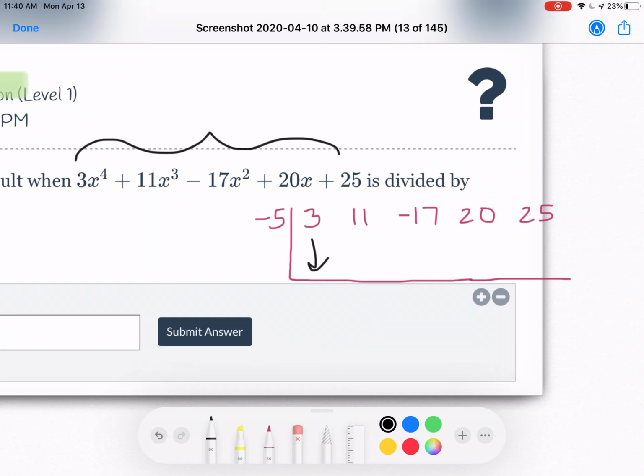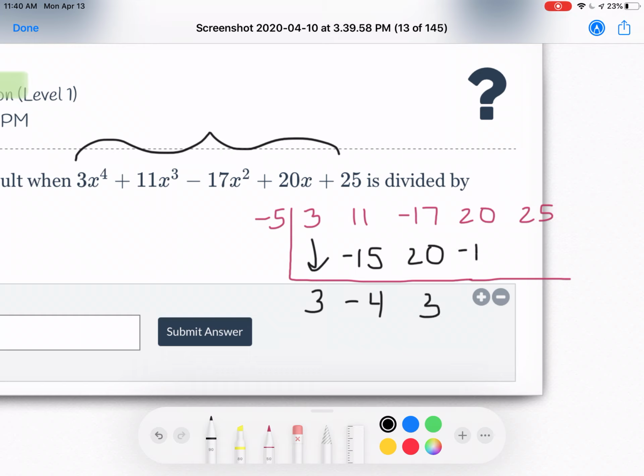So I've just put all the coefficients in. All right, and then I'm going to divide in negative 5. So you bring down the 3, you multiply negative 5 and 3, you get negative 15. Now you're always adding here. So in long division we're subtracting, but in synthetic division we're adding. And then you multiply negative 5 and negative 4 again, you get 20. Now we add, and you keep doing it.